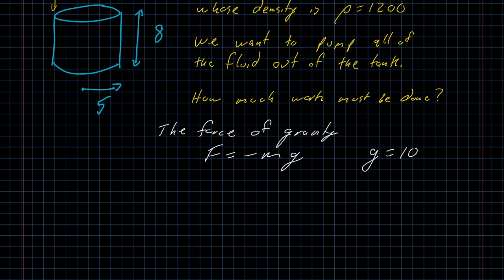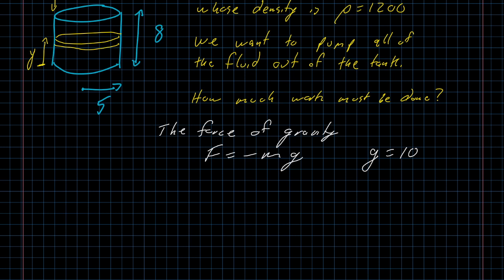All right, so let's start thinking through all of this. I want to consider a small sliver of the fluid in this tank. Let's define that as position y, and we'll take y equals 0 to be the bottom of the tank.